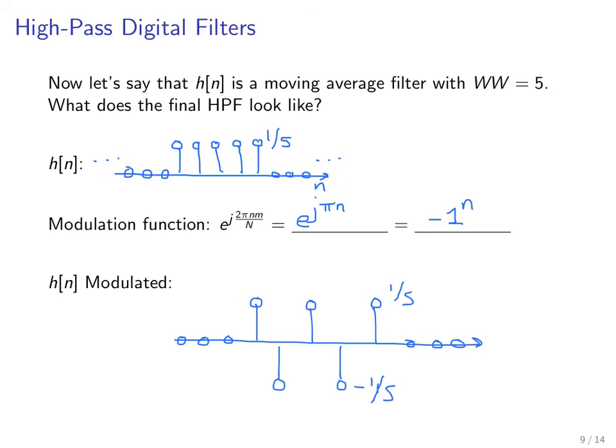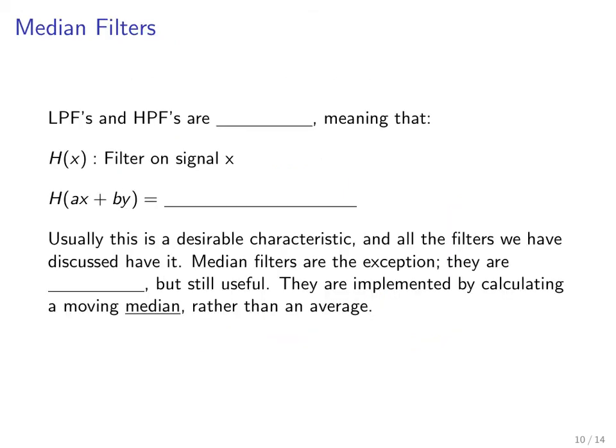Okay? So this right here is the high-pass filter that we derived by using this method. So if we apply this h of n to a given input signal, we will get a high-pass filtered version of that signal. Okay, and that concludes our discussion of high-pass filters.